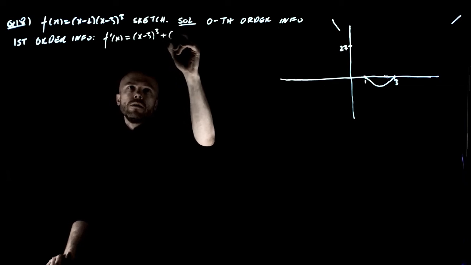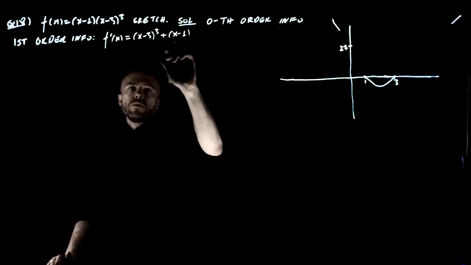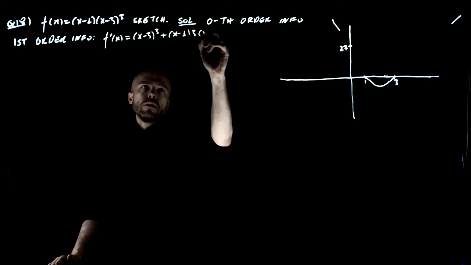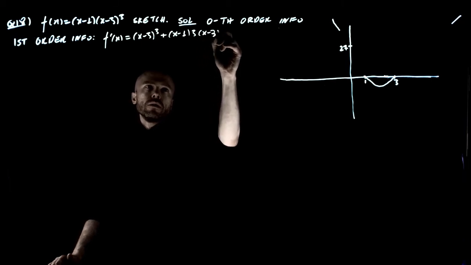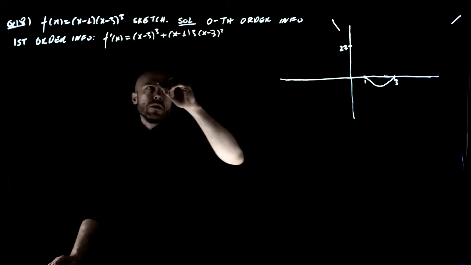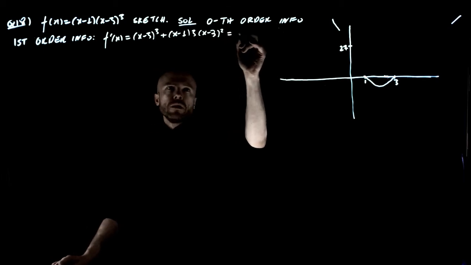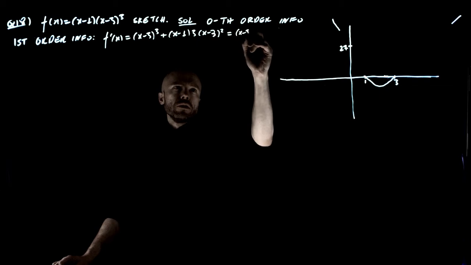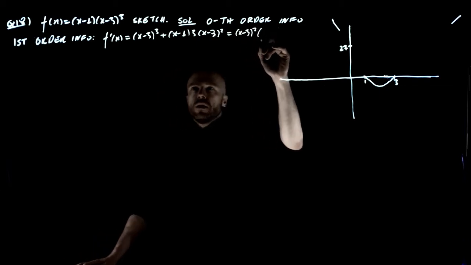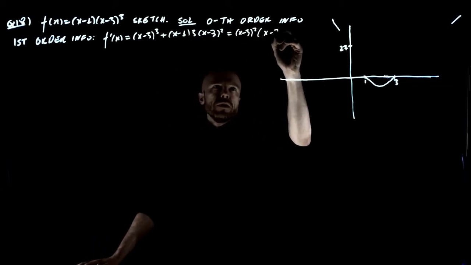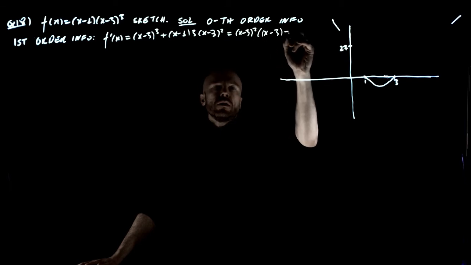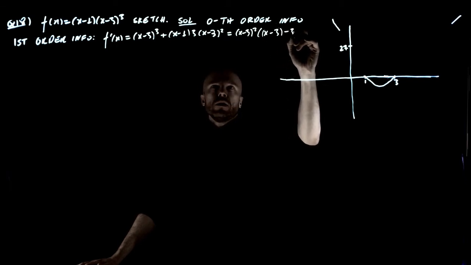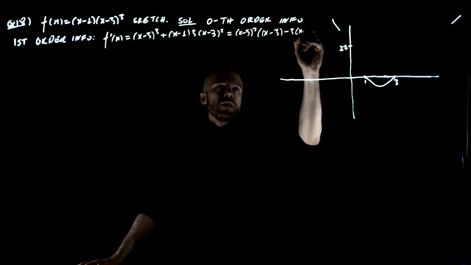Leave the first guy alone, differentiate the second guy. Factor out stuff so we can see what we're doing. Let's factor out just x times (x minus 3) squared, and we're going to have x minus 3 plus 3 times x minus 1.